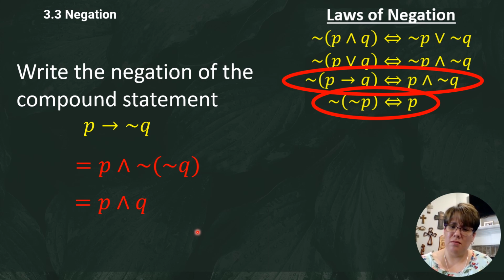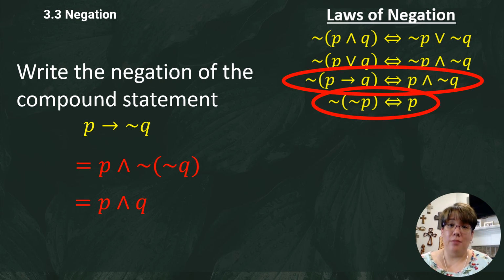Or was it? Maybe you think it's bad. But that's how you do it. You just use your laws of negation and simplify it down. That's how all of those examples work.